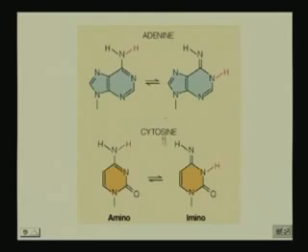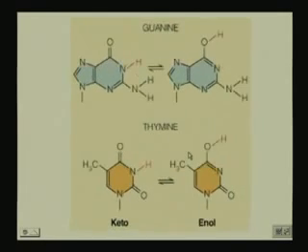When we have A and C, we have amino-imino tautomerization, but when we are talking about guanine and thymine, we have keto-enol tautomerization, where the keto group becomes OH. In guanine, the purine, and in thymine, the pyrimidine, again we have the double bond O, and the adjacent H goes to the keto C double bond O to form the enol.